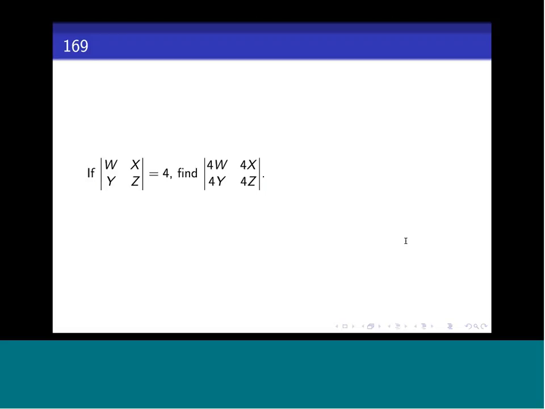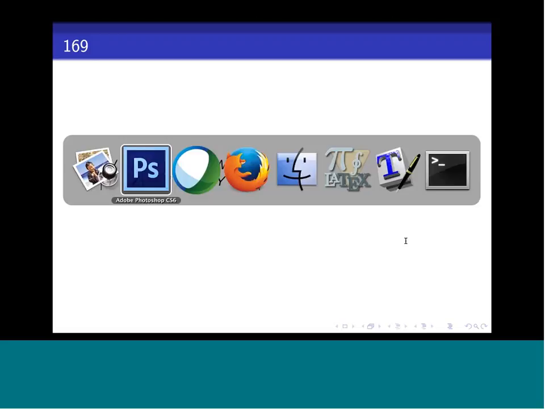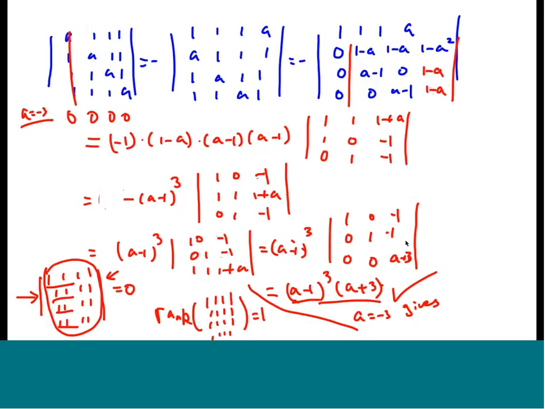That's probably too much. So using the row operation, do you want to practice now or afterward? I think we already did it. Yeah, we did a similar thing. So anyway, that answer looks too big to me.